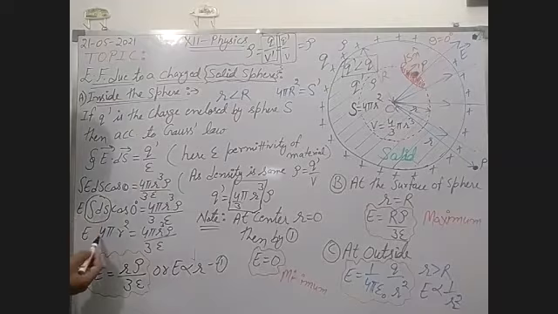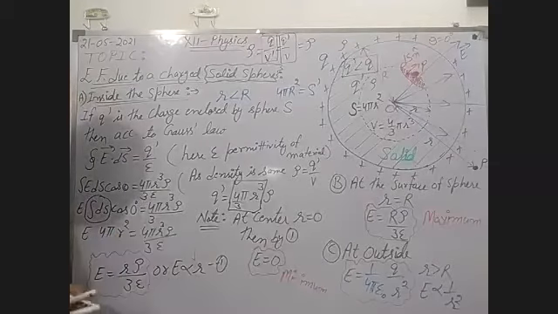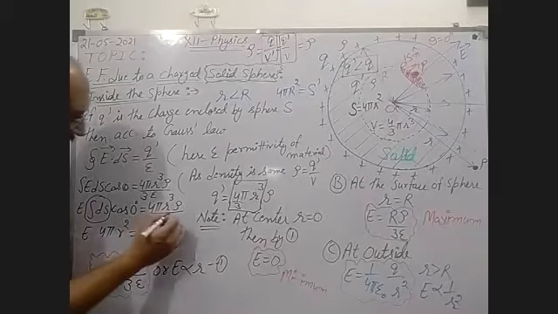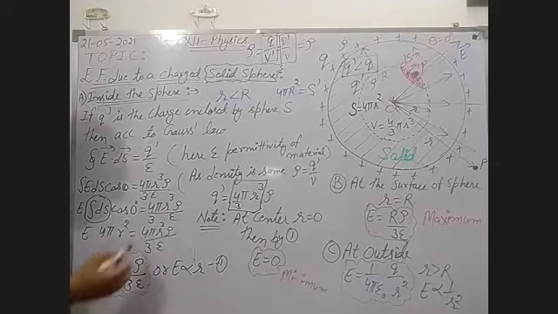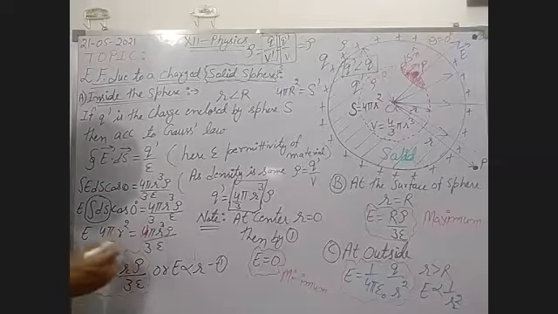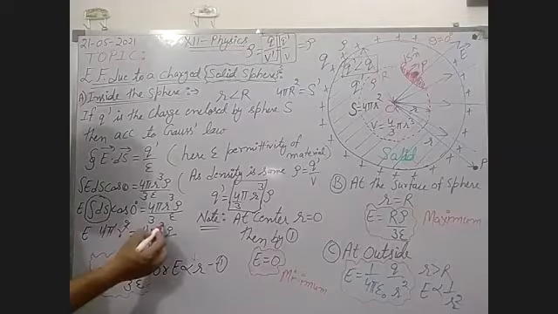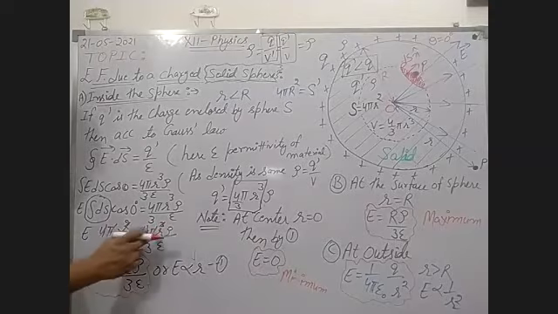Now the integration of dS is 4 pi r square, and here we have the term 4 by 3 pi r cube rho upon epsilon. Now you can cancel 4 with 4, pi with pi, and r square with r cube, so only r is left.